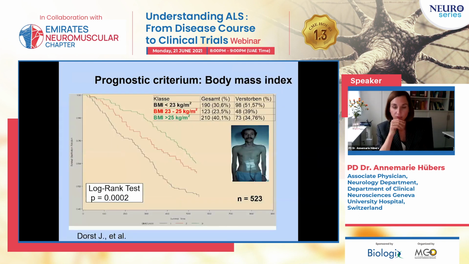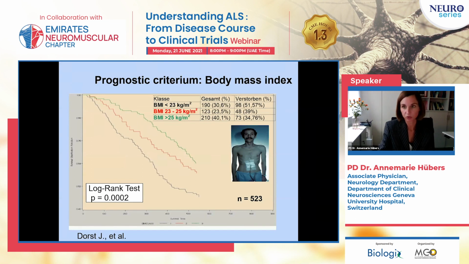It's the same for the body mass index. Patients with a low body mass index, here in red or in black, show a decreased survival probability compared to patients with a body mass index of higher than 25 kilograms per square meter.